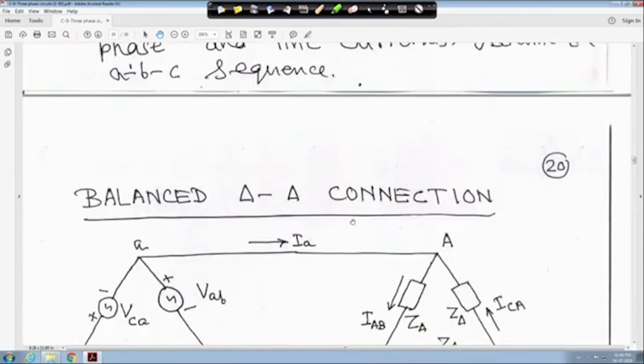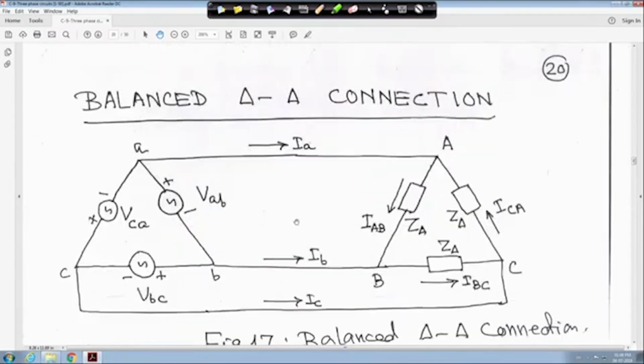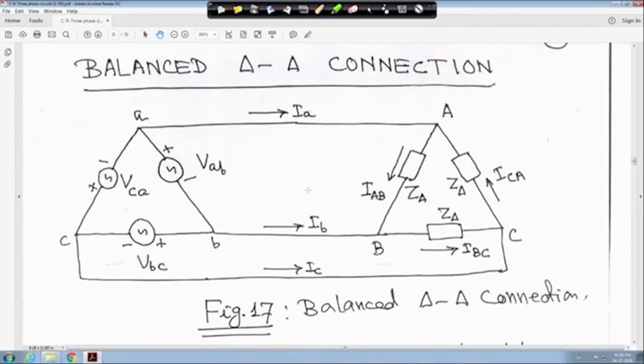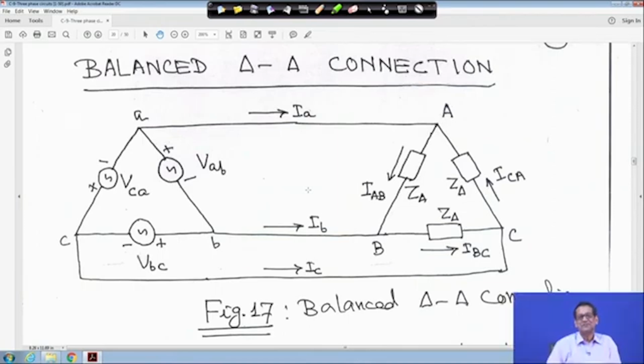Now, next is the balanced delta-delta connection. In the case of a delta load and a delta source, the line voltage and phase voltage remain the same. So whatever VAB is will be impressed across this.